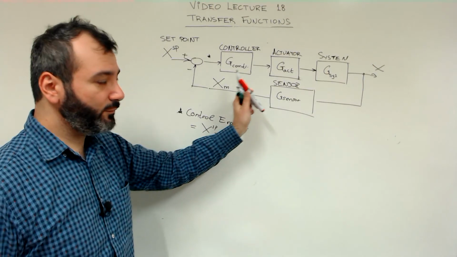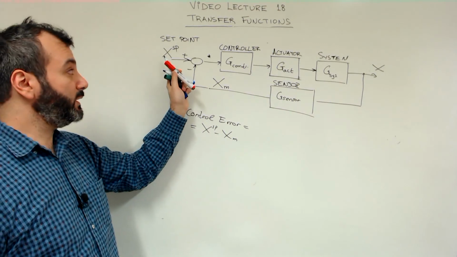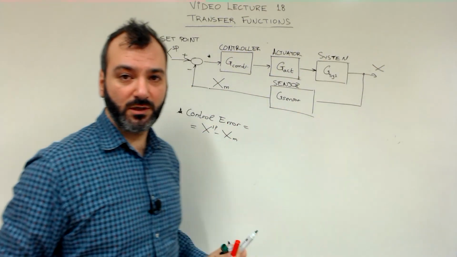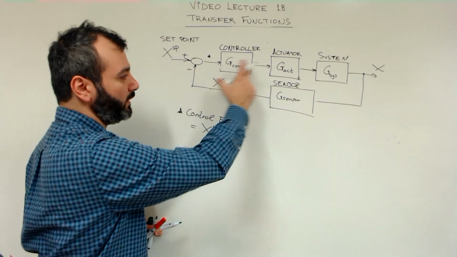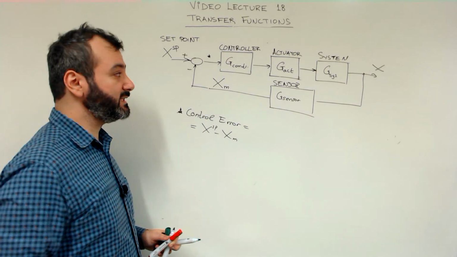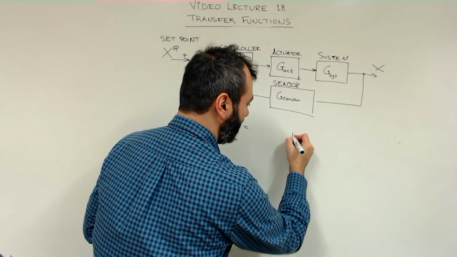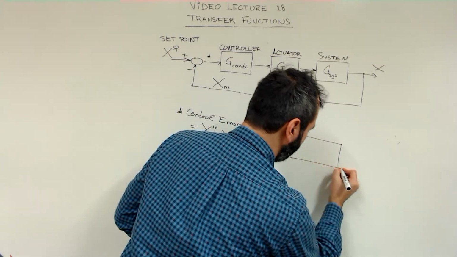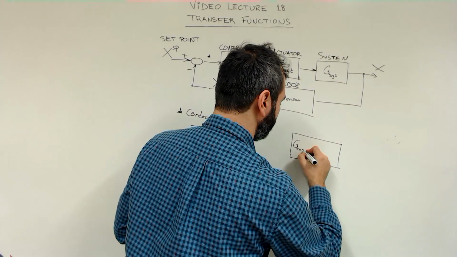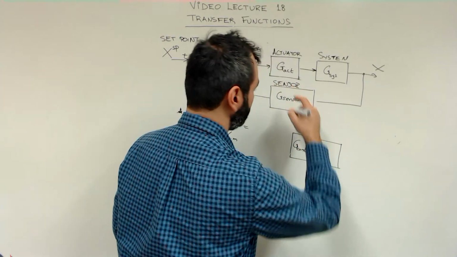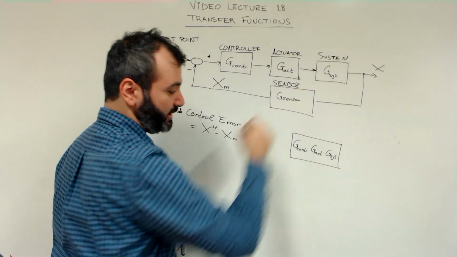Now if we need to determine the transfer function that describes the relationship between the set point and the output, we have to use what we just discussed. So the series connection, you see here, 1, 2, 3 systems are connected in series. So the controller, the actuator, and the system can be described by a single transfer function, which is G controller times G actuator times G of the system.